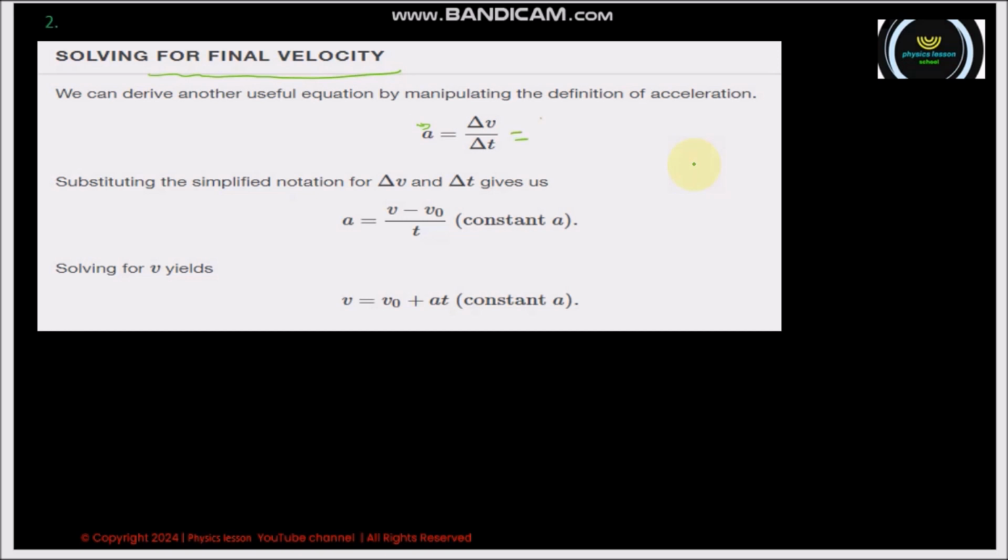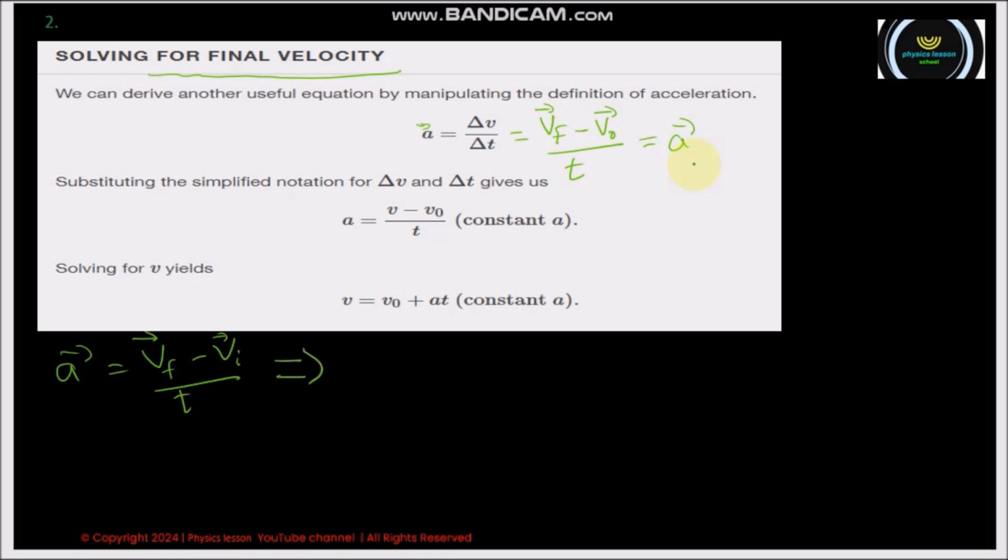This can be written as the final velocity minus the initial velocity over t. So acceleration is equal to v final minus v initial over time.